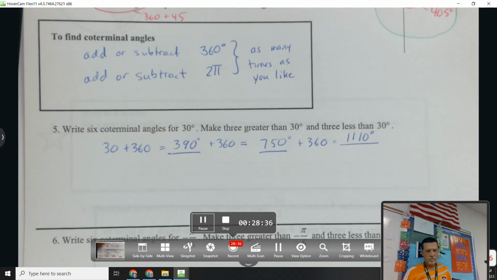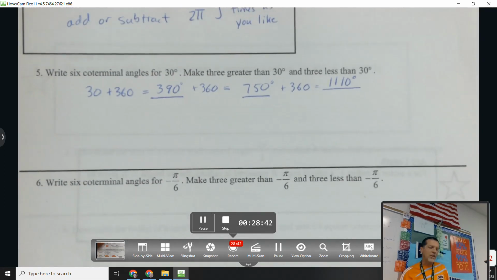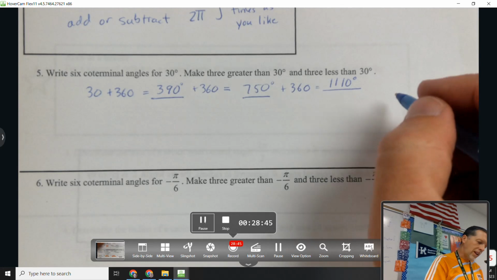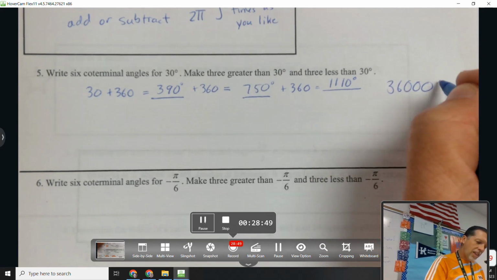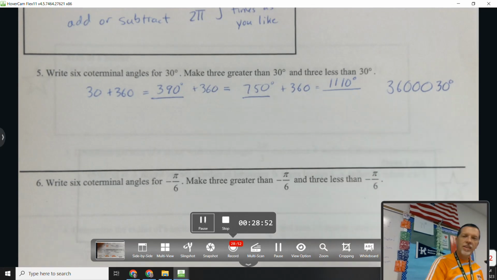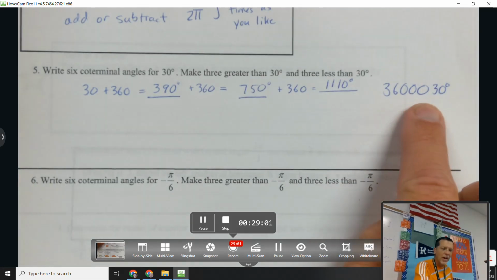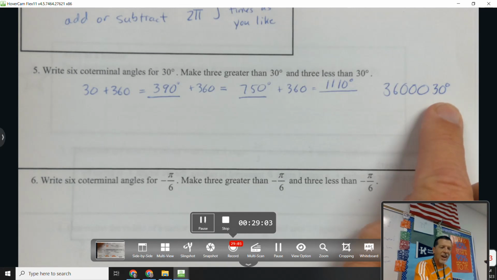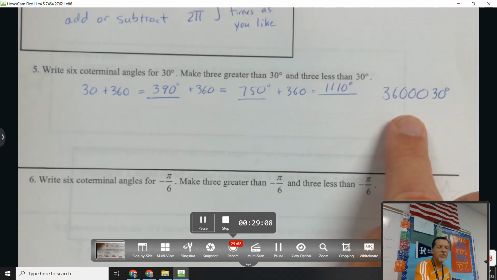The reason we make it multiple choice on the test rather than open-ended is because some of you knuckleheads are going to tell me that a coterminal angle is that. Do you believe that? Because I went 360 times 10,000 plus 30 degrees. So that is 10,000 revolutions plus 30 degrees.